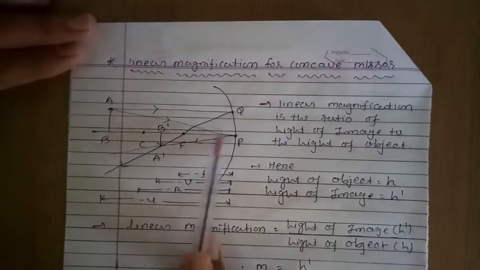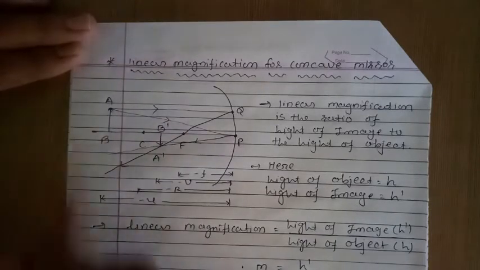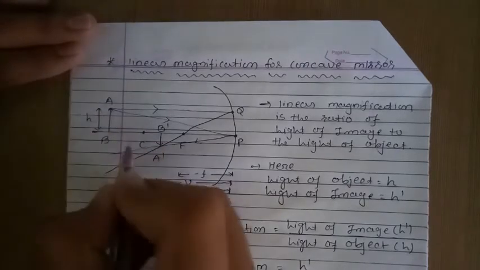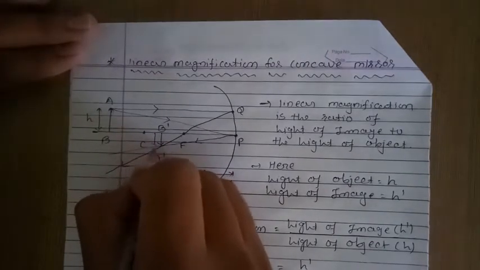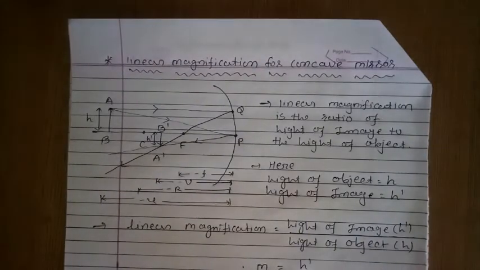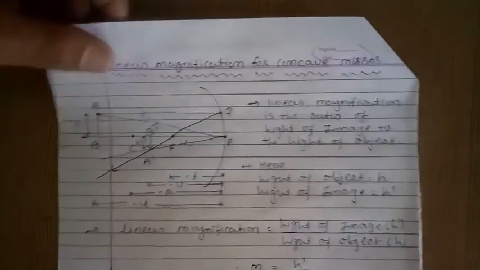You can see in this figure, right? Here AB is the height of the object, and A dash B dash is the height of the image, which is h dash.